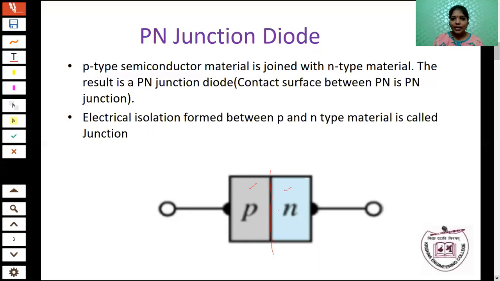The important point to know is that the PN junction diode is constructed by joining the P-type material with the N-type material, and the electrical isolation between them is called the junction. So this is the construction of the PN junction diode.